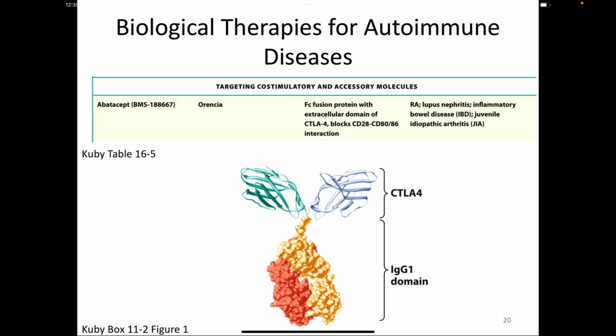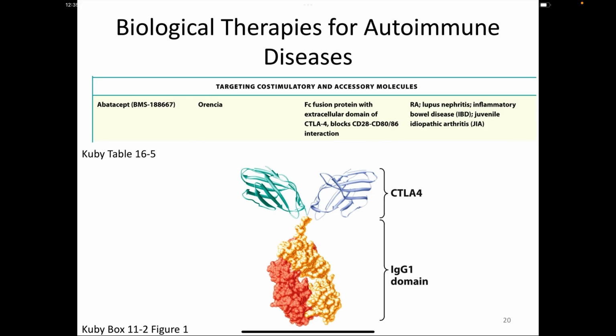This is using what we know about the structure of CTLA-4 to hide B7 and make sure that we don't turn on T cells. We're basically trying to make sure that more T cells can't get turned on, inhibiting T cell activation. So it's the opposite side of the interaction. We can basically say, your T cells are doing too much. We're going to try to stop any more of them from getting activated.